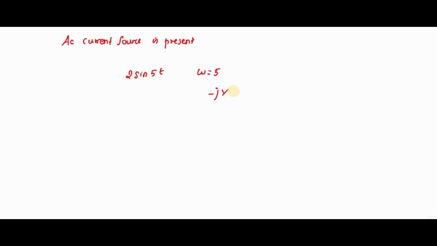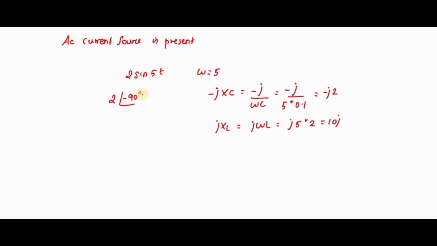It is minus j divided by omega C, so minus j divided by 5 times 0.1, which is minus j2. Likewise, jXL is j omega L, that is j5 times 2, which is 10j. The current source is 2 angle of minus 90 degrees.